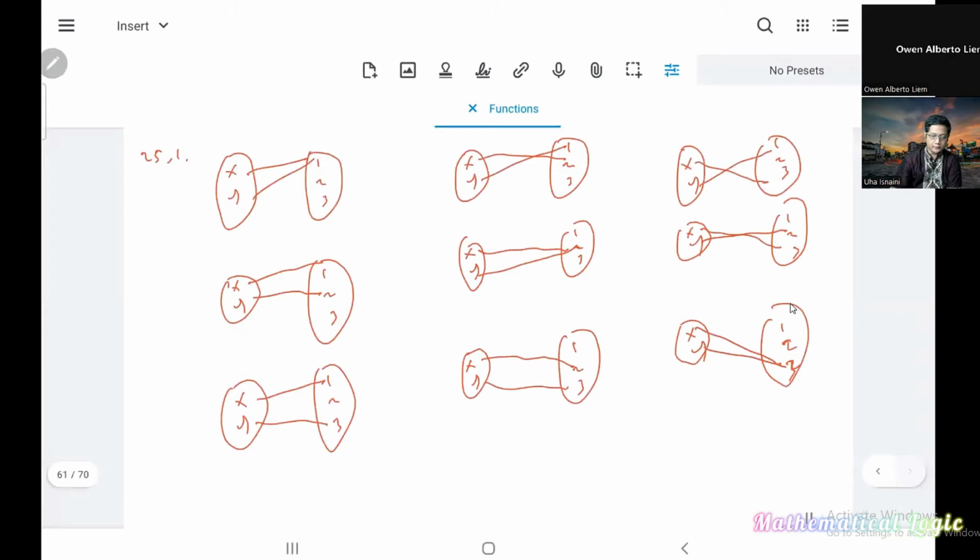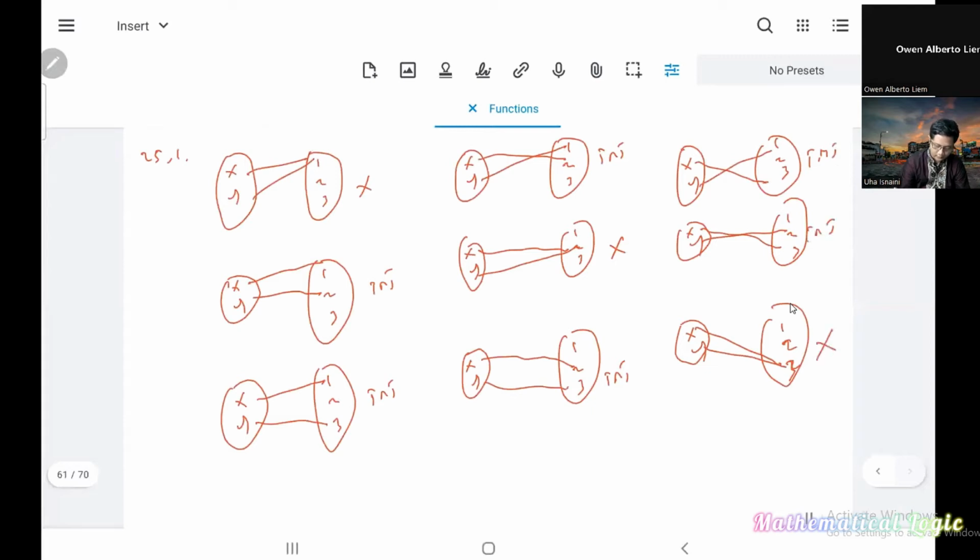But right now we only check which one is injective. So this one is not injective because we have 2 there, and then this one is injective. This one also injective. This one also injective. This one not. This one injective. This one injective. This one injective.